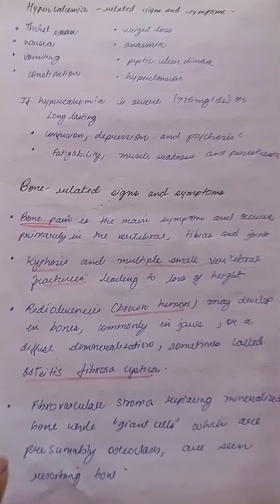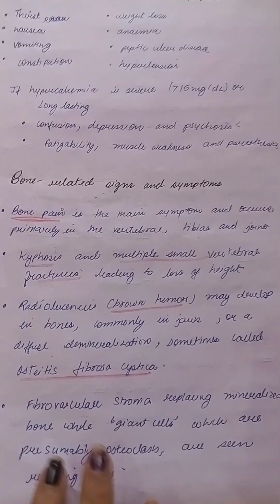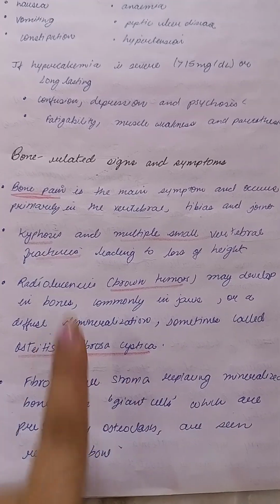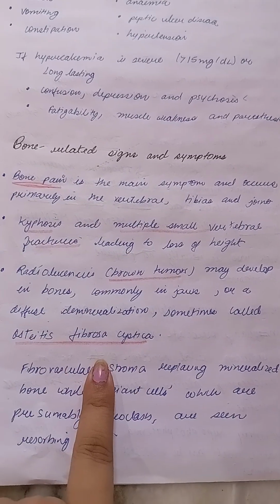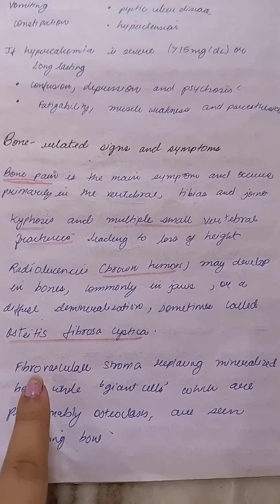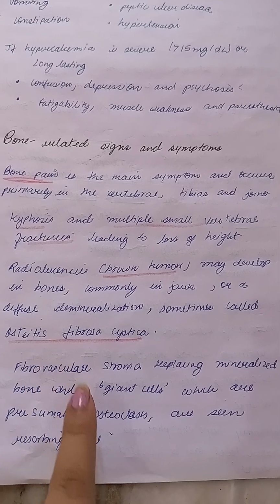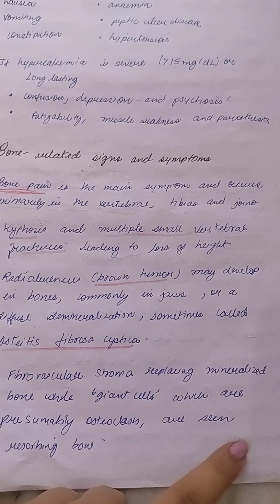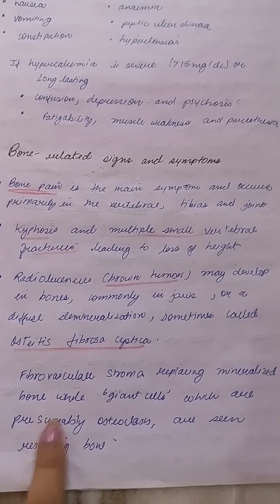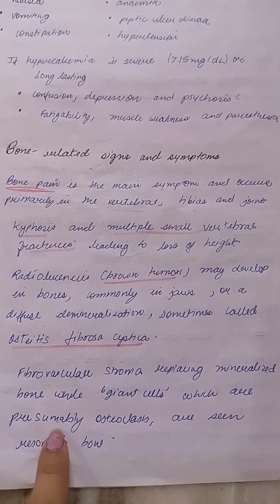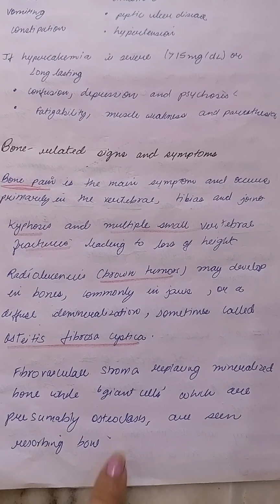Okay, these two will be seen histologically. Brown tumor and osteitis fibrosa cystica will show fibrovascular stroma replacing mineralized bone, while giant cells, which are presumably osteoclasts, are seen resorbing bone.